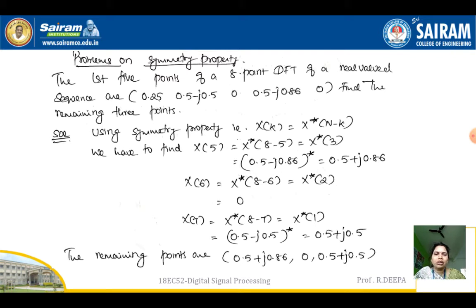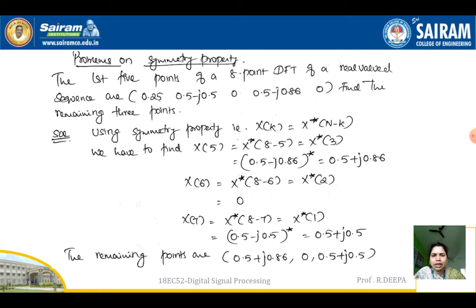In the same way you can calculate for X of 6 and X of 7. So X of 6 is equal to X conjugate of N minus k, N is equal to 8 and put k is equal to 6. So it is X conjugate of 2. What is X of 2 value? From the given data it is 0. So 0 conjugate is 0 only. Therefore X of 6 is 0.